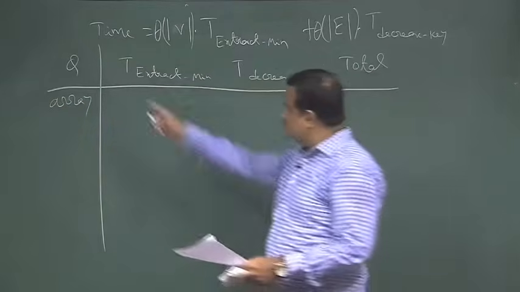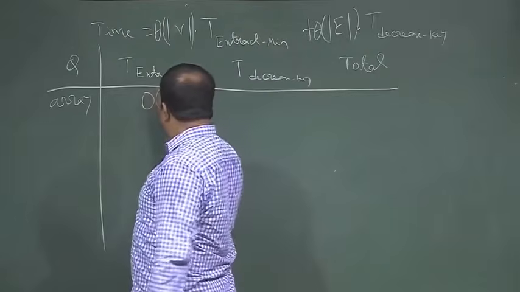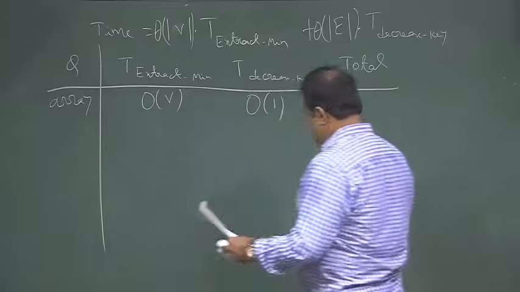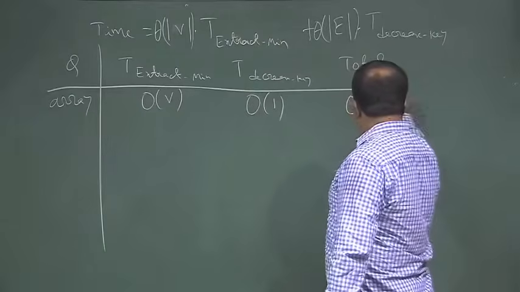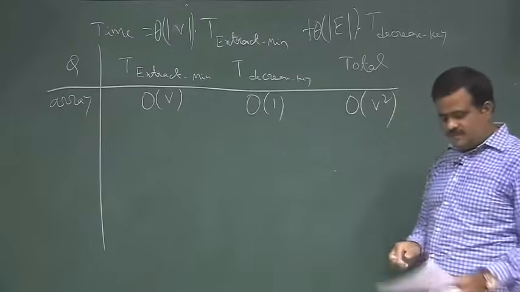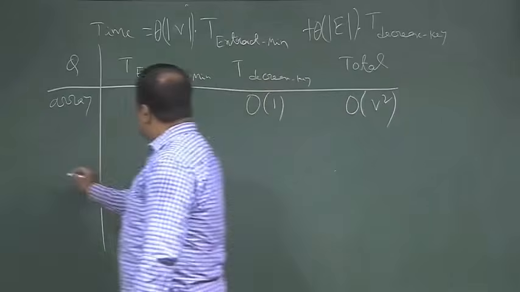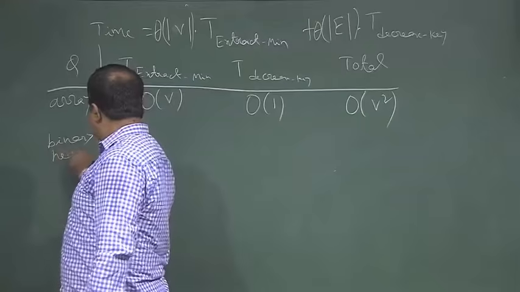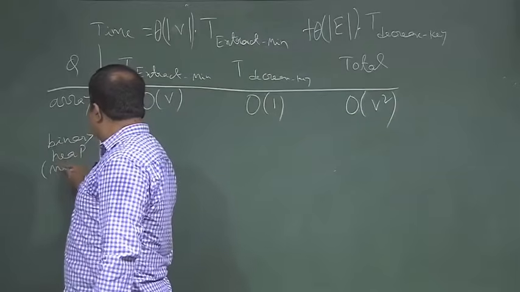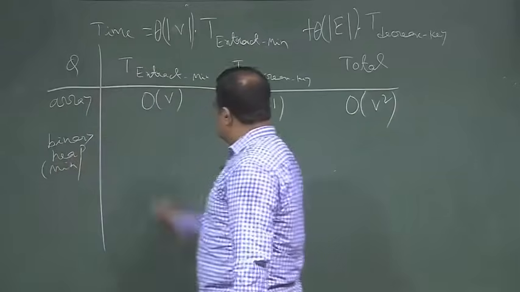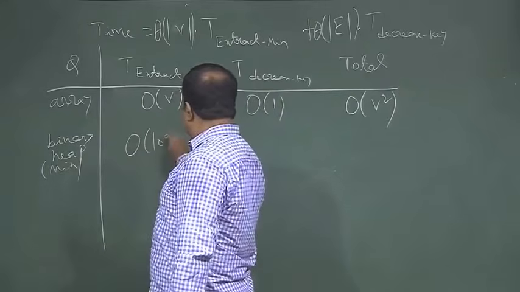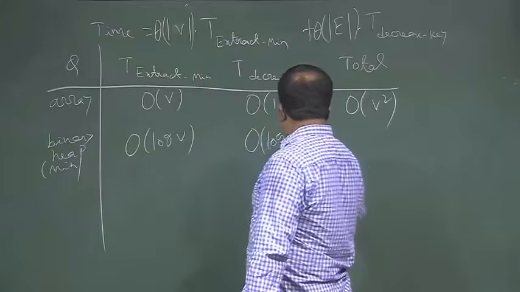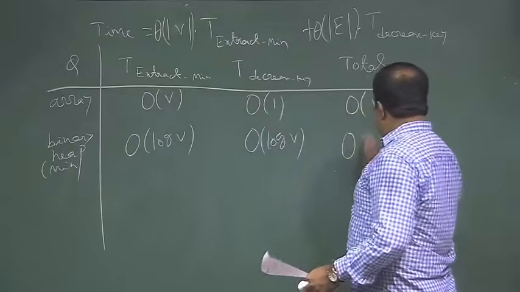Then extract will take order of V, decrease key will take order of 1, and the total will be order of V square. And if we take the binary heap, in particular the min heap, then we have seen extract will take order of log V, decrease key will also take order of log V, and the total will be order of E log V.